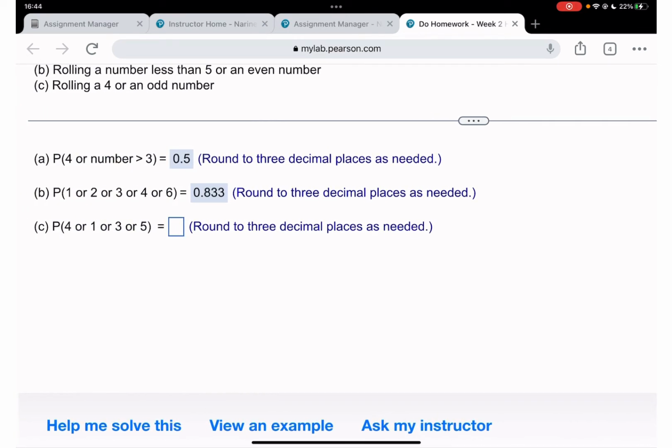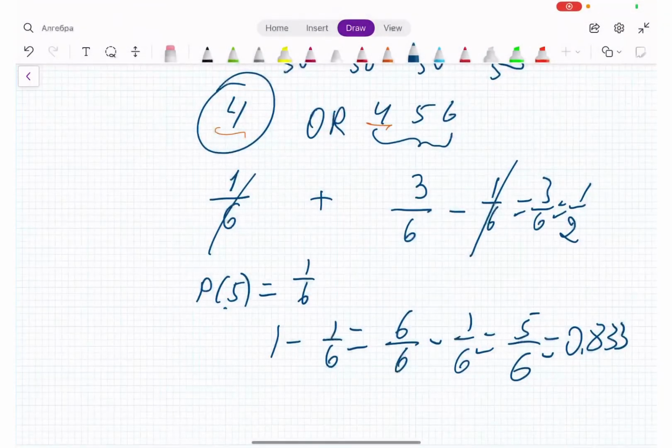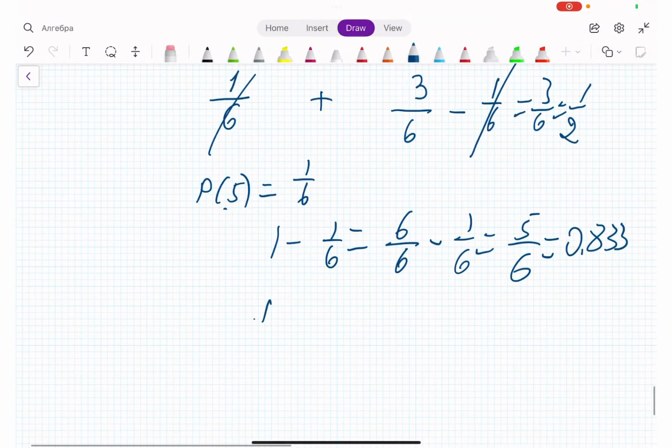4 or 1 or 3 or 5. Well, it's the same thing. Here you can either add all of them or subtract. So since there are 4 of them, this time I'm adding 1 over 6 plus 1 over 6 plus 1 over 6 plus 1 over 6. 4 of them, right?